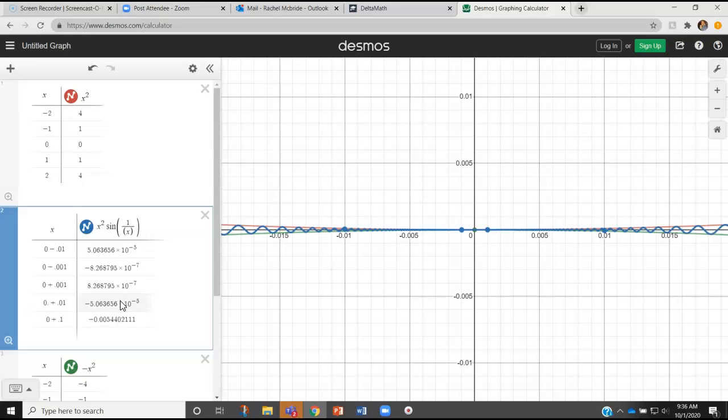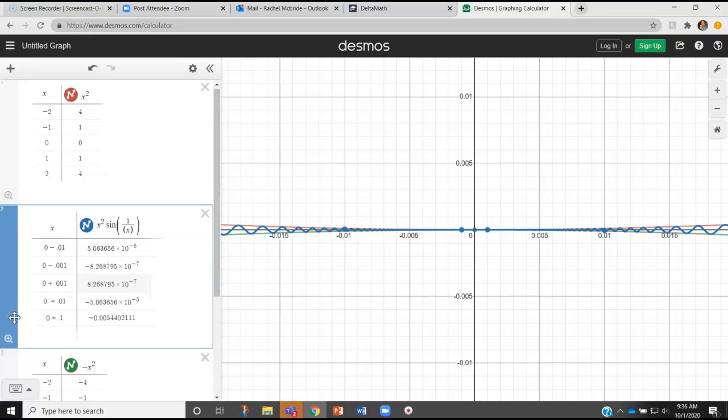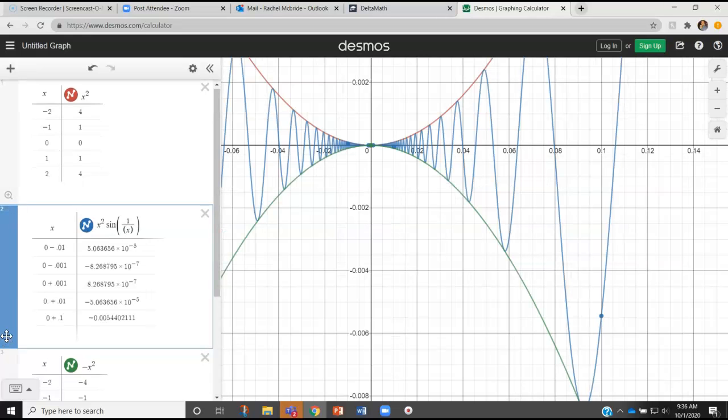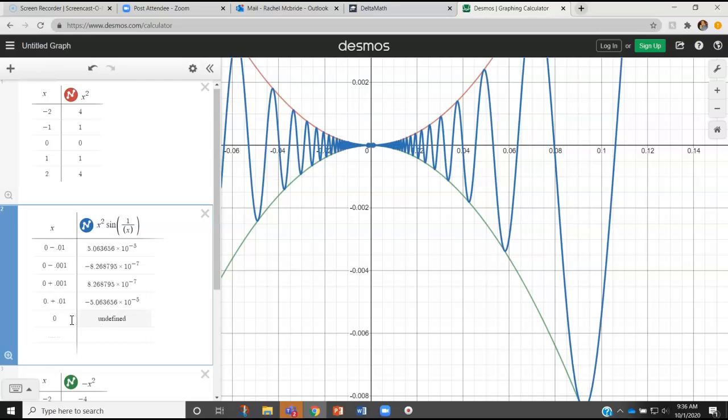Do you see how this number here is getting really, really small? Can you see how these numbers are getting really small as we get closer and closer to 0? But yet at 0, it is undefined on that function.